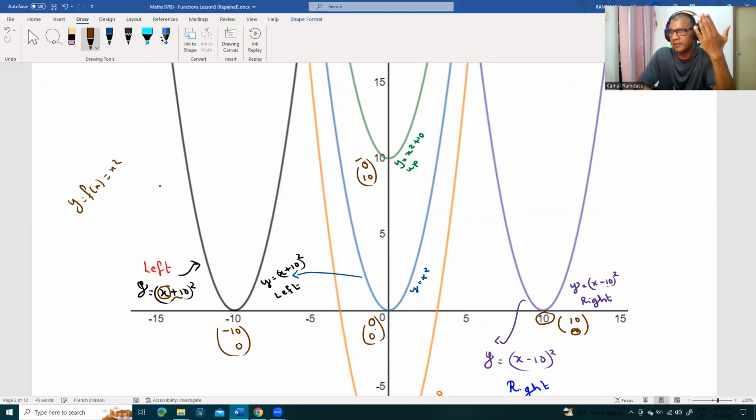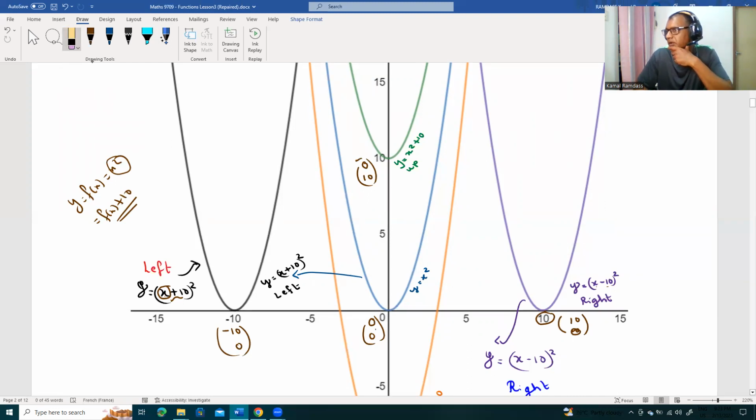Et si j'ai envie de le lever par 10, je peux dire f of x plus 10. Ça veut dire x square plus 10. Le point 0, 0 devient 0, 10.